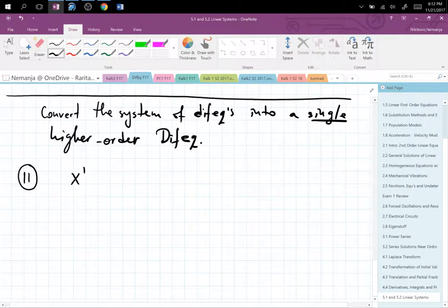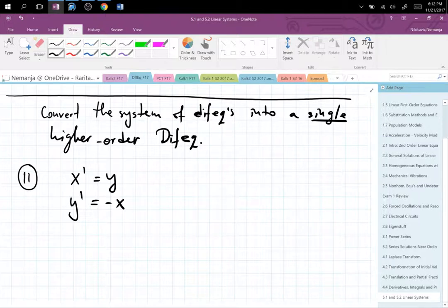So the system is x prime equals y, and y prime equals negative x. That's the system. Now, this problem is symmetric and it's really kind of easy to deal with. So it doesn't matter if you differentiate first or the second equation because they're so simple.